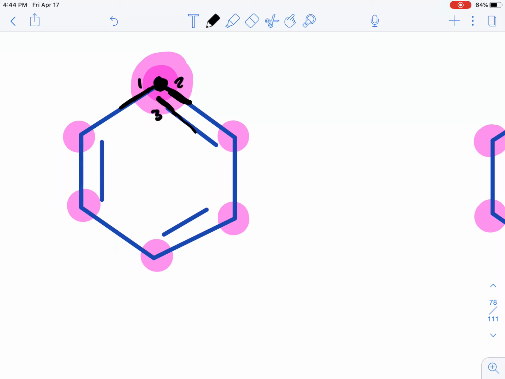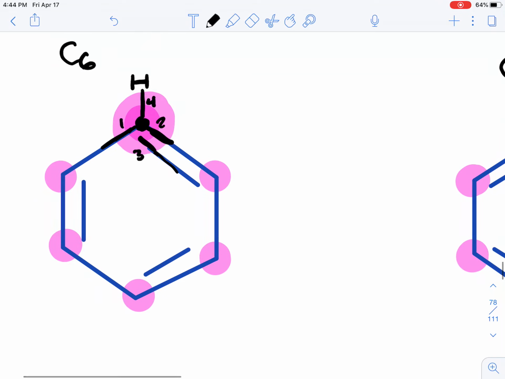So that means that for it to have its octet filled, there's going to be an invisible hydrogen that's typically not shown in a skeletal structure. So this would be the 4th covalent bond that central carbon needs for its octet to be full, or for it to fulfill its octet rule.